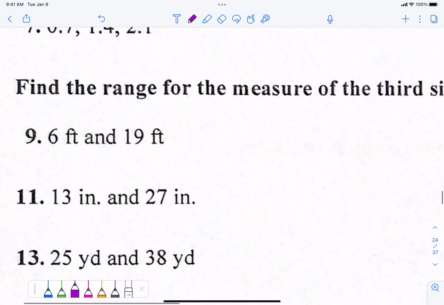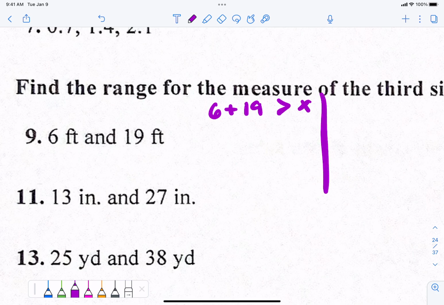All right, let's do number 9. Find the range for the measures of the third side. So if I take 6 and 19 and add them together, that has to be bigger than x, right? So x has to be smaller than 25, because 6 and 19 have to be bigger than x.